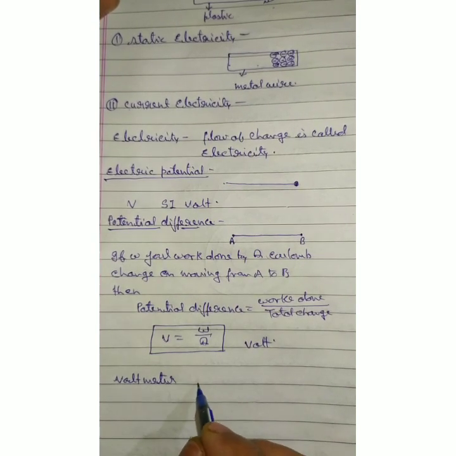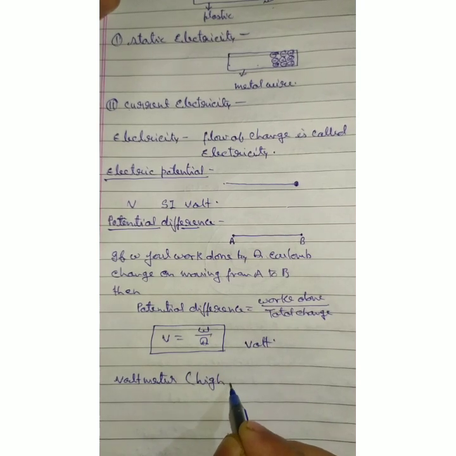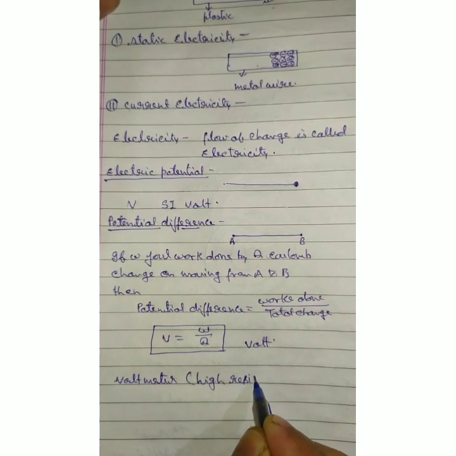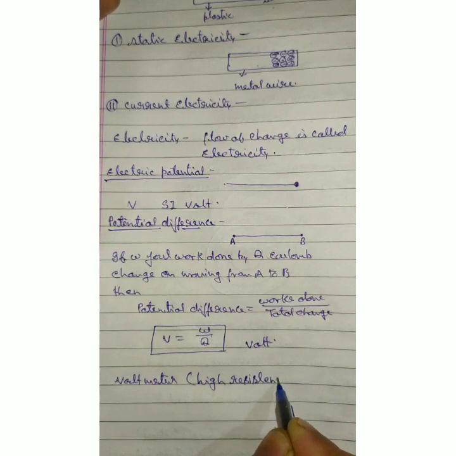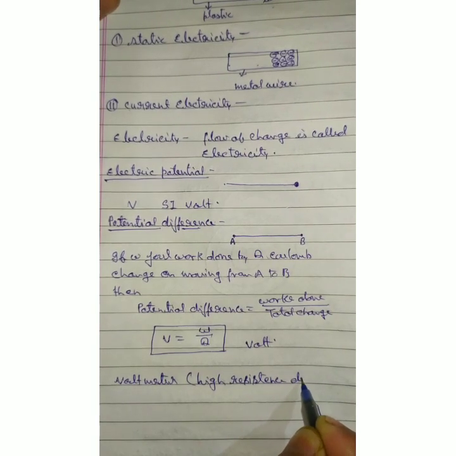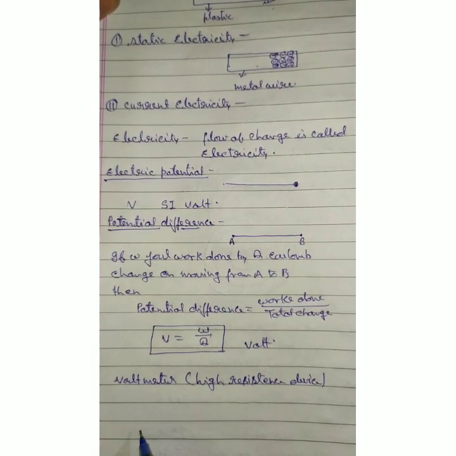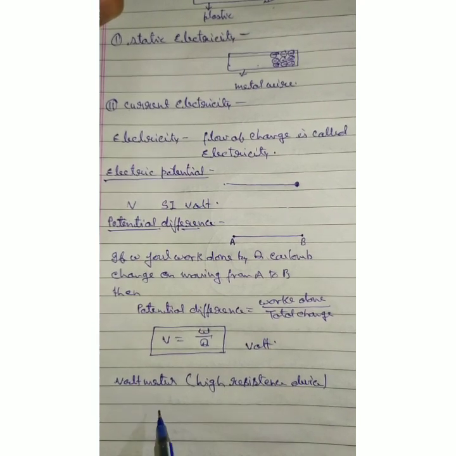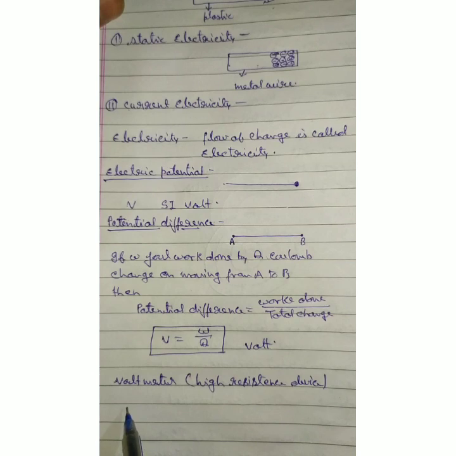It is a very high resistance device. Voltmeter is a high resistance device, and it is always connected in parallel combination in an electric circuit, and it is represented by a symbol.